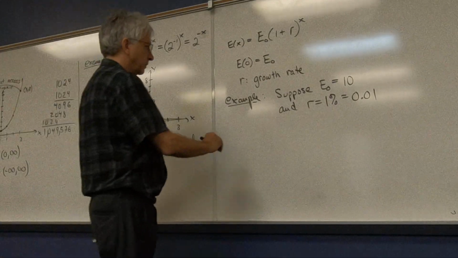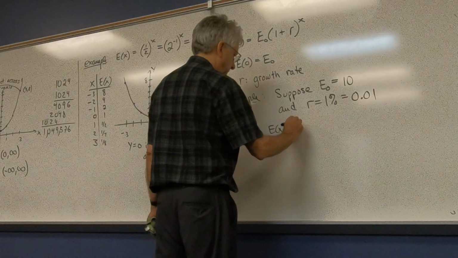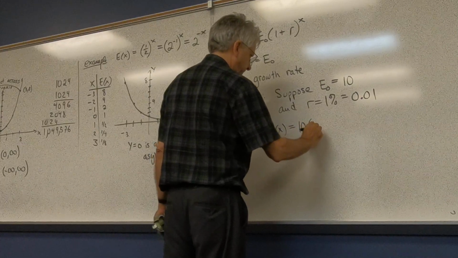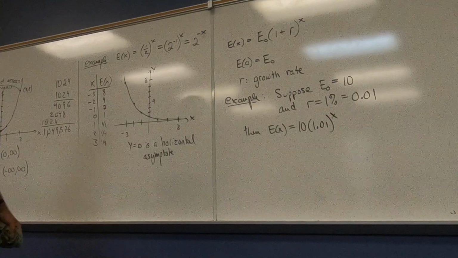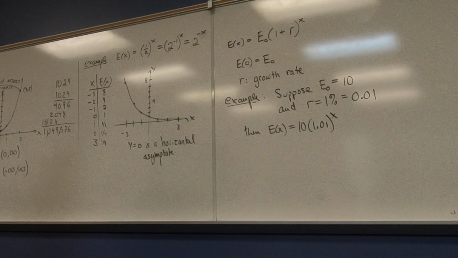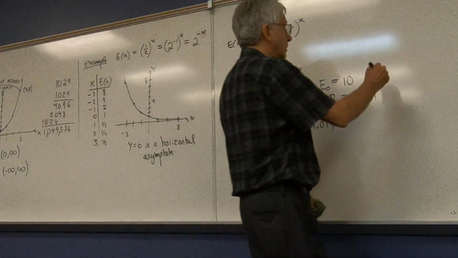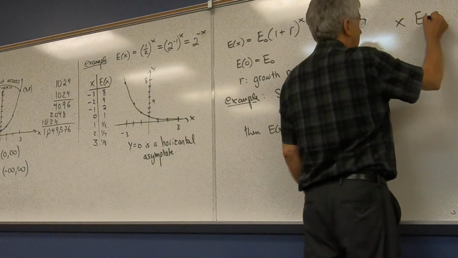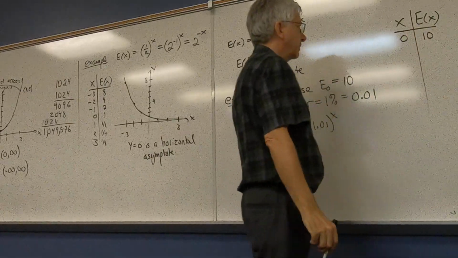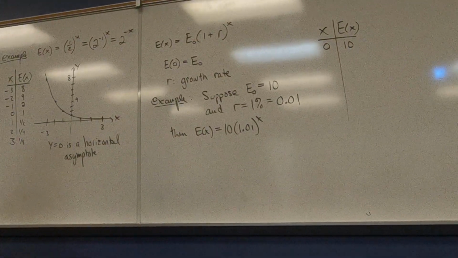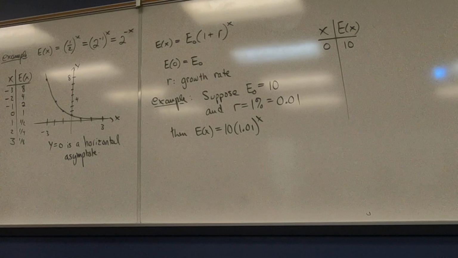Then our exponential function is 10 times 1.01 to the x. Should we tabulate that? Sure. So at time 0, we've got 10. That's the initial value of our function at time 0.